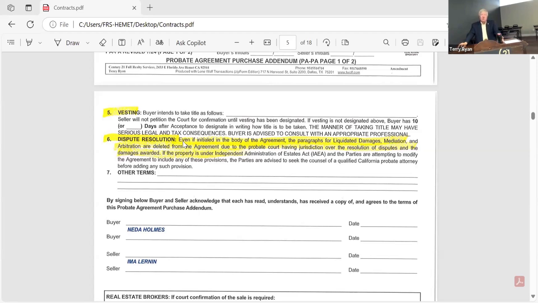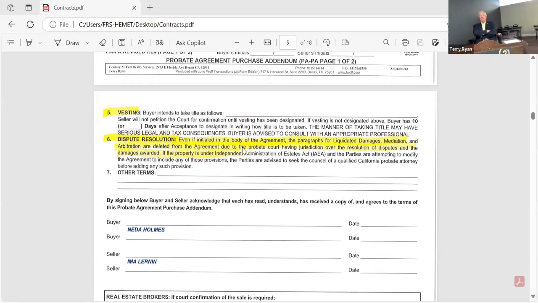And dispute resolution, even if initialed in the body of the agreement. Now, you remember in the RPA that we covered a week ago that there is a special blocked off couple of paragraphs that talk about mediation and liquidated damages and things. If initialed in the body of the agreement, the paragraphs for liquidated damages, mediation, and arbitration are deleted from the agreement due to probate court having jurisdiction.